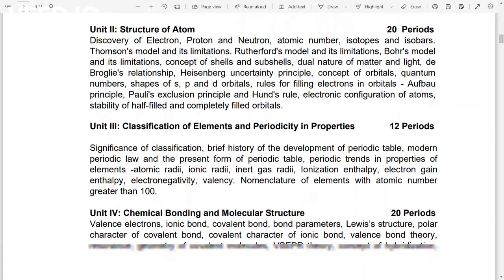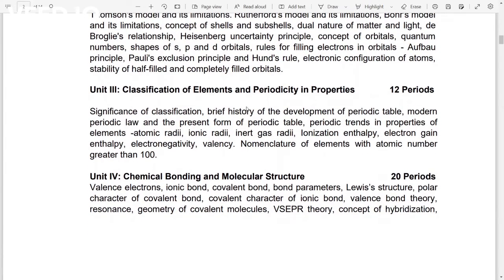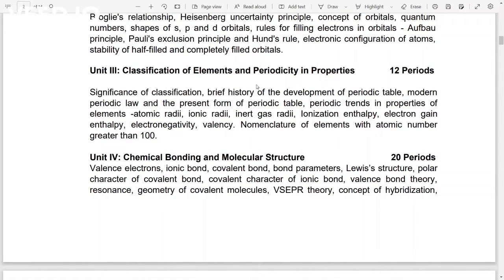The next chapter we have is Classification of Elements and Periodicity in Properties. This chapter carries 6 marks in your theoretical exams. In this chapter, we will discuss the periodic table, the properties of the periodic table, groups, and elements having relationships with each other, like the diagonal relationship and other relationships.